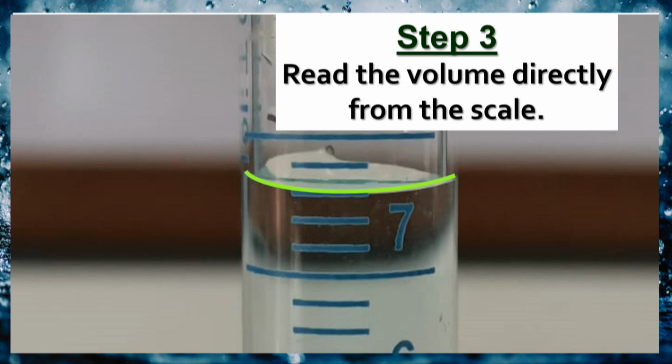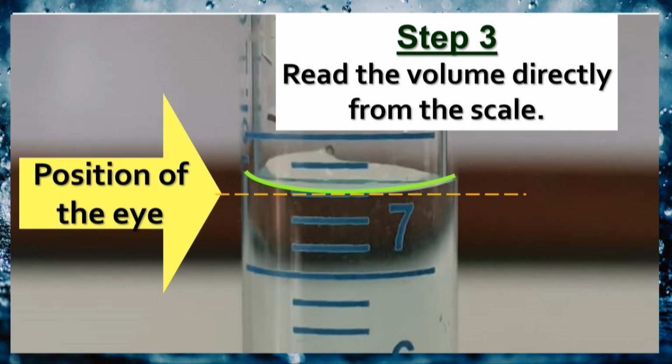For this one, the value at the lower meniscus is 7.6. Hence, the volume of the colored water in the cylinder is 7.6 centimeter cube.